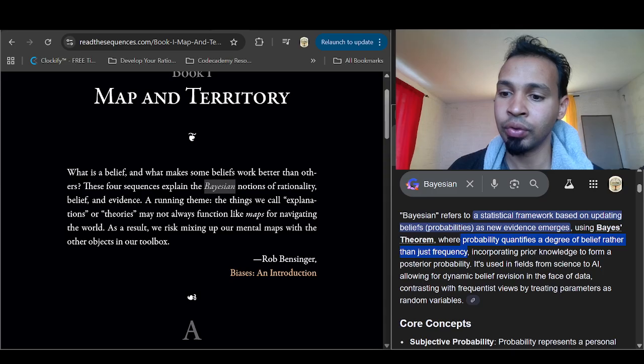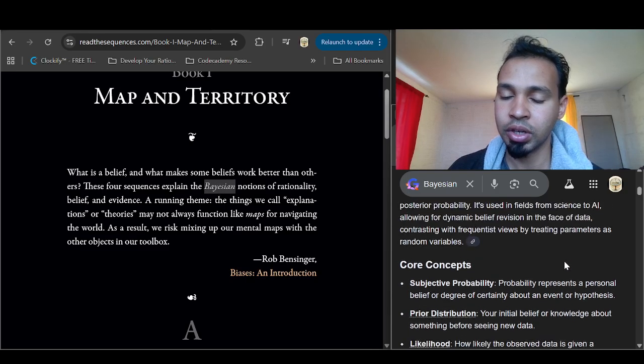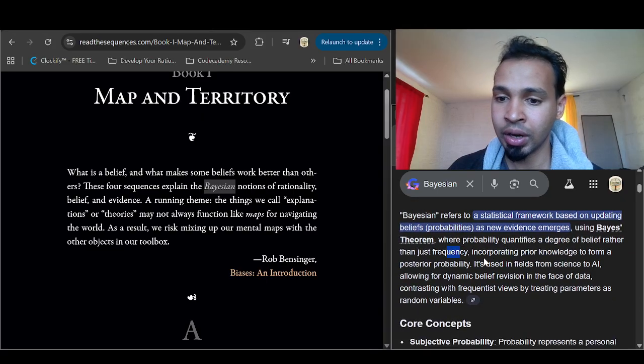It's used in fields from science to AI, allowing for dynamic belief revision in the face of data, contrasting with frequentist views by treating parameters as random variables. So a lot of information there. I probably understood maybe about 30-40% of that.